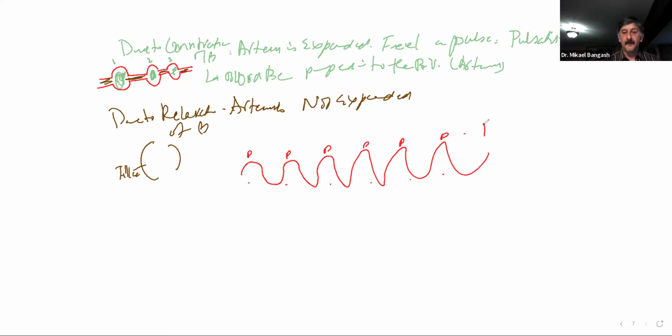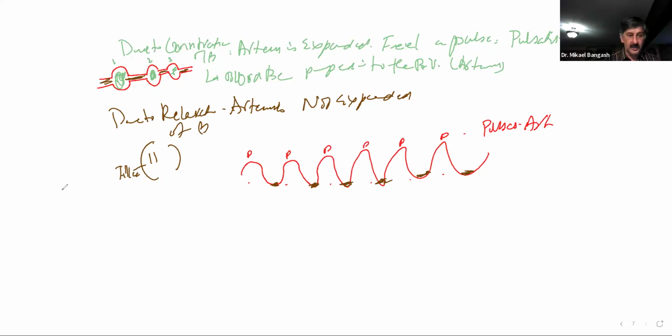Which mainly is when pulses are felt, which is in arteries. Whereas in between, pulse to pulse, that's where there's a lesser amount of blood flowing through the arteries, mainly because that's when the heart is filling up with blood.